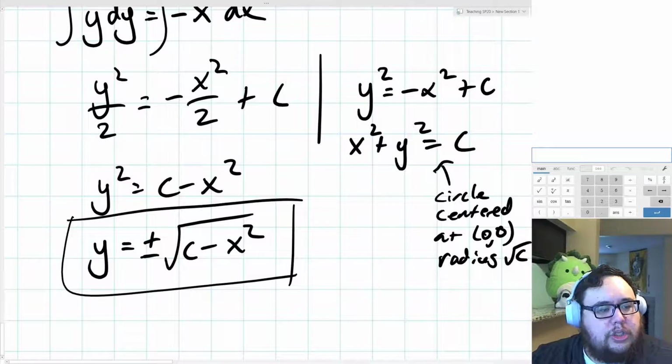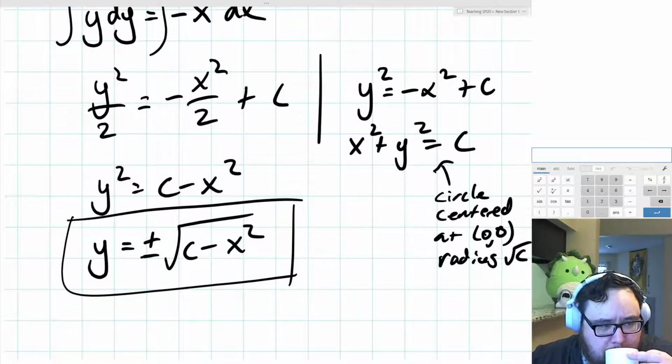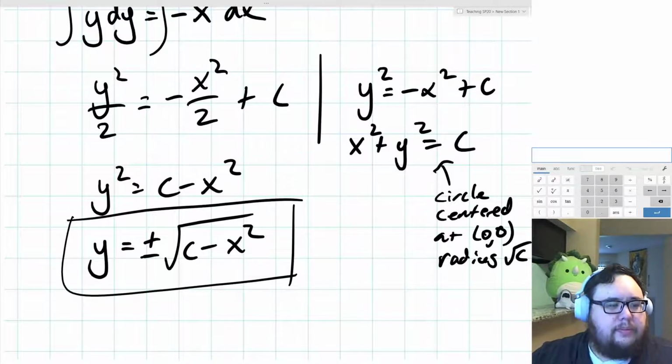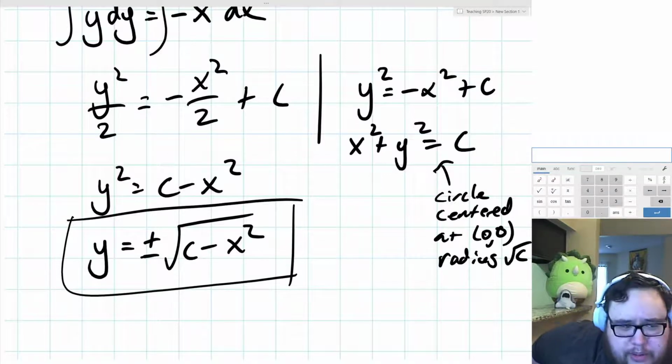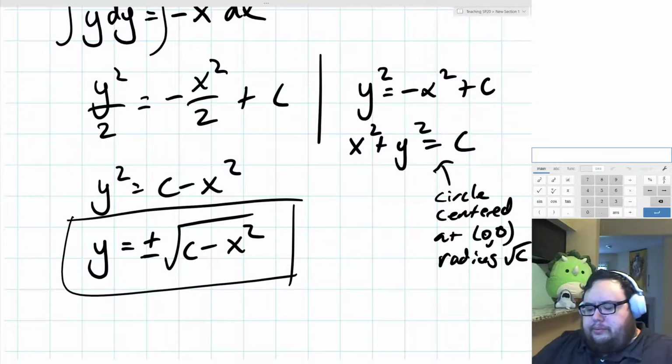Which is our general solution to our differential equation here. Does anybody have any questions so far? All right.